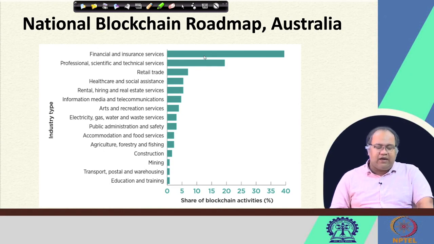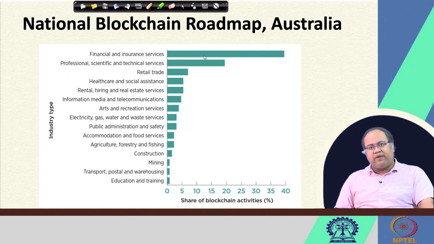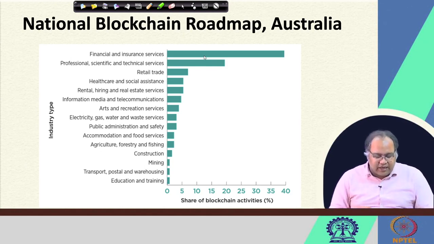Now similarly, the National Blockchain Roadmap of Australia is another document published by the Australian government that highlights the different use cases the Australian government is thinking of implementing on top of blockchain. Interestingly, it highlights the different industries and their share of blockchain activities.